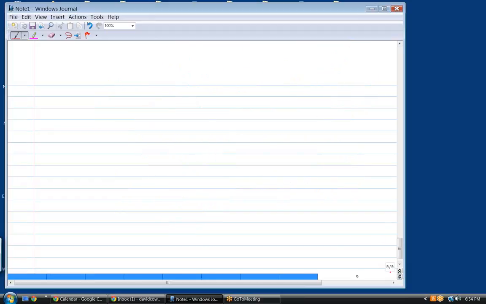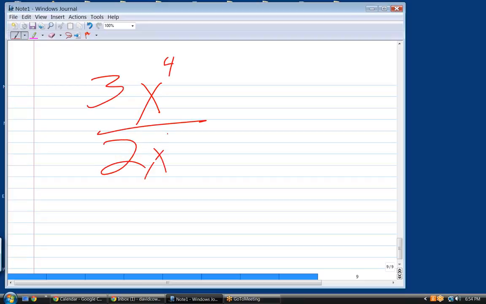And the only other situation is if the exponents are the same, you have something like this. Now the horizontal asymptote is where? At 3 over 2? Exactly. Yeah.